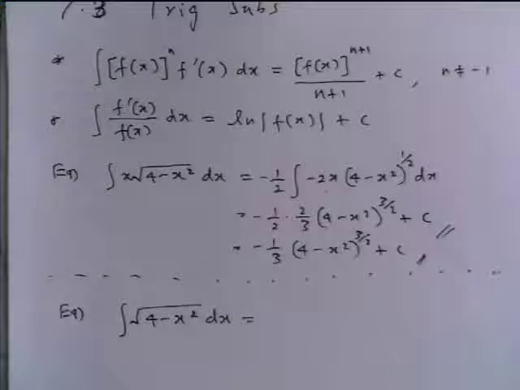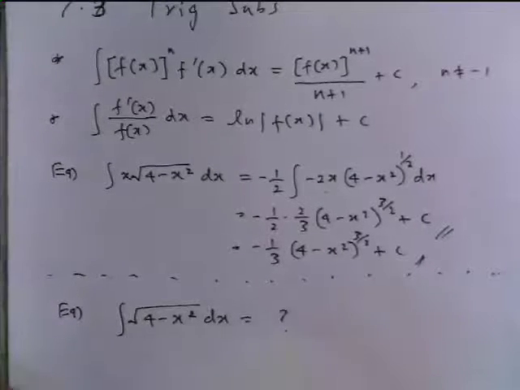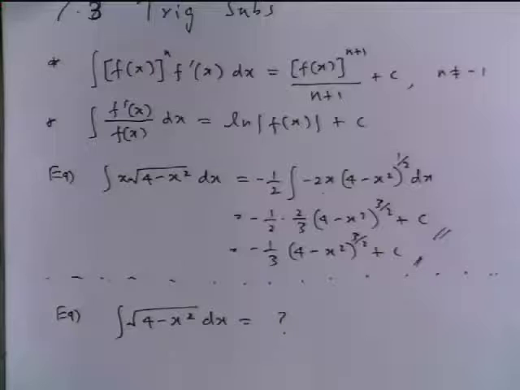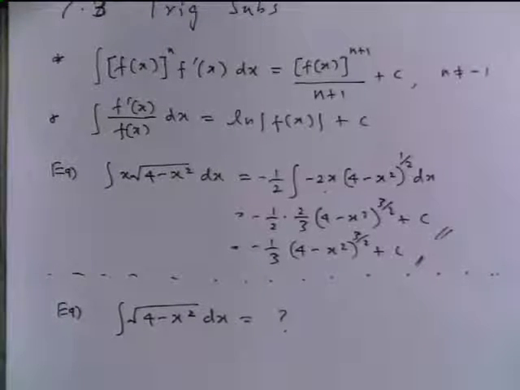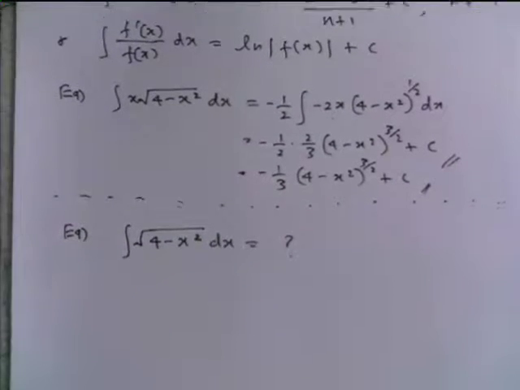What's the derivative of the inside function? It's still negative 2x, but you don't have x there. So you cannot do this. We get stuck, and that's why we need a new method. So what's the new method? We're going to talk about 3 special substitutions. They are all very much the same trick, but we use those 3 for 3 different types of integrals. Okay, so these are the substitutions.